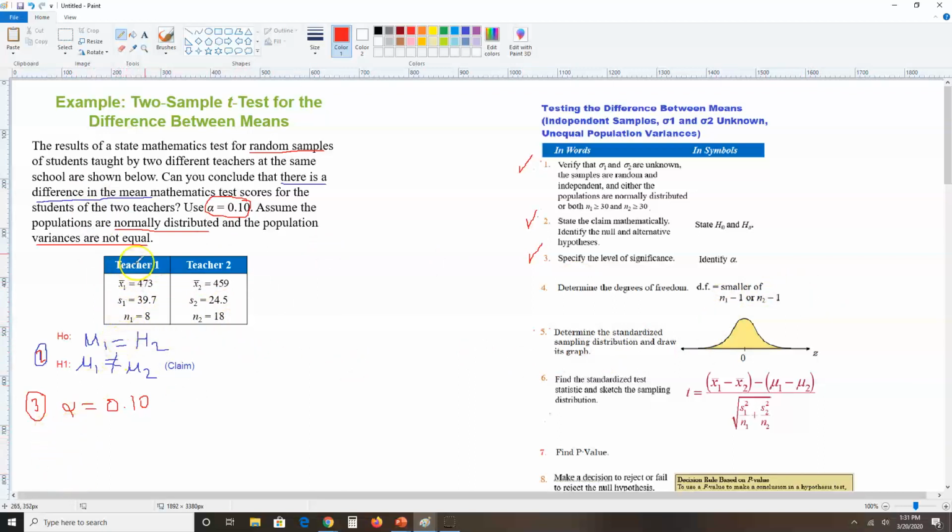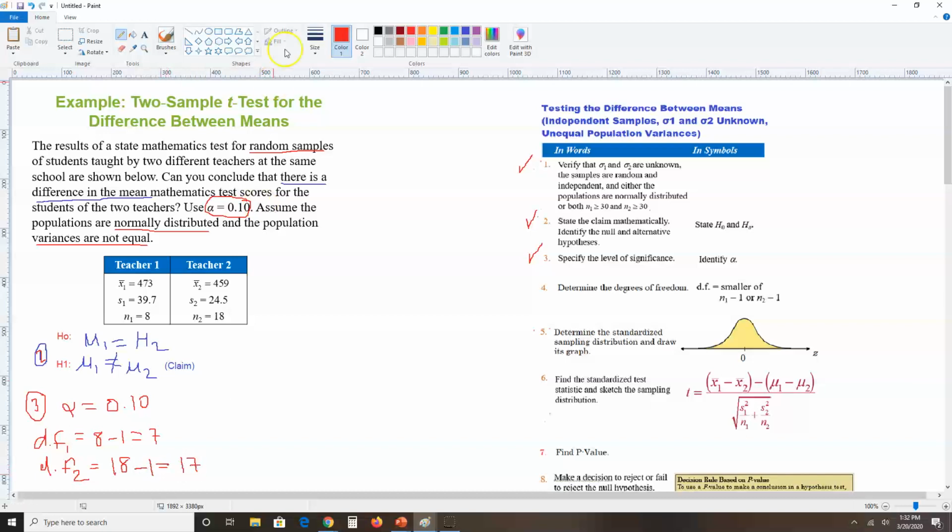Because this is teacher number one, df1 equals n, which is 8, minus 1, I get 7. Let's do the degrees of freedom of teacher number two. So df2, what was the sample size that we used there? 18. So 18 minus 1, I get 17.